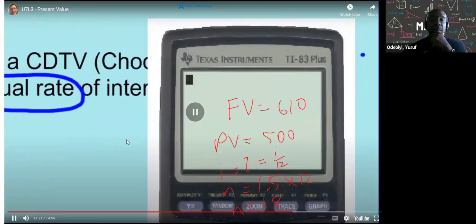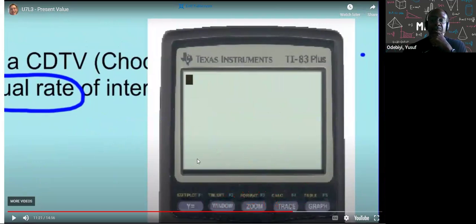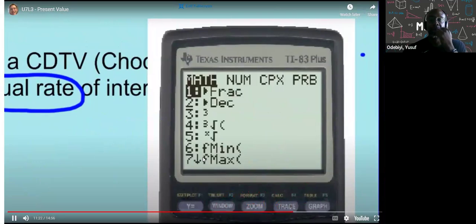So watch on the calculator, because it's important. I don't know if you've done this kind of manipulation of the math before. It's showing you the 18th root. On the graphing calculator, I go to the math option and pick number 5, which is the x radical sign.